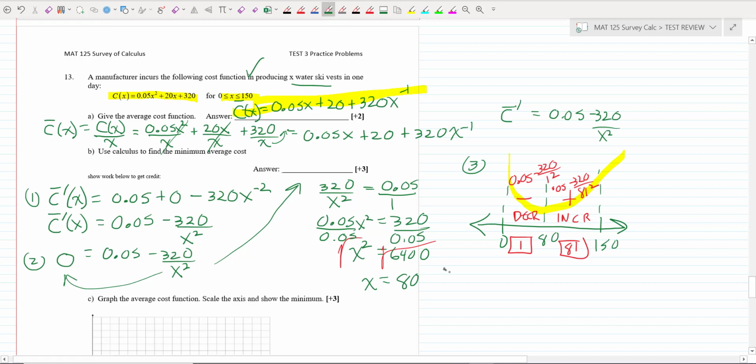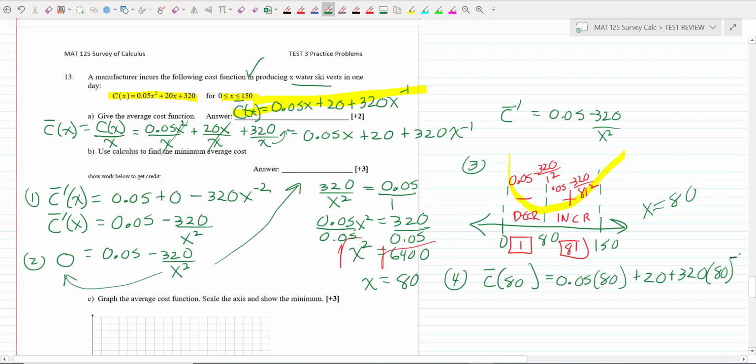Now, step 4, and then we'll check all this on the calculator. We know x equals 80 provides the minimum. So let's go back to our average cost function at 80, from our answer to part 1, which is 0.05x plus 20 plus 320 times 80 to the negative 1.